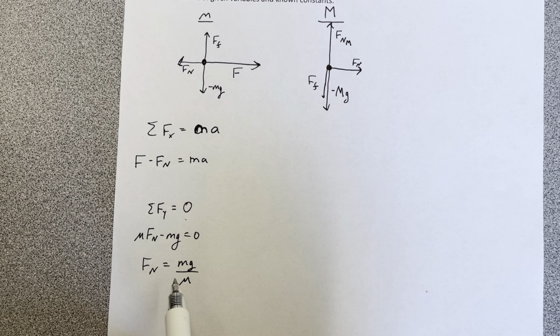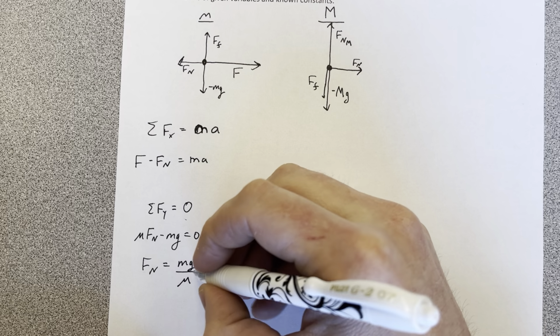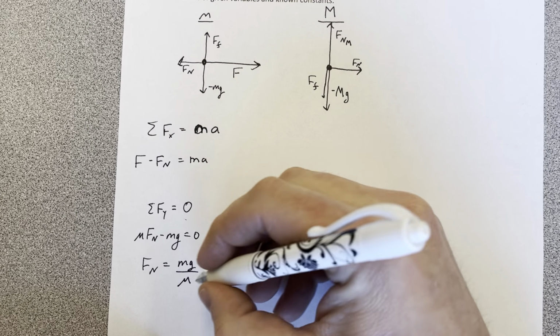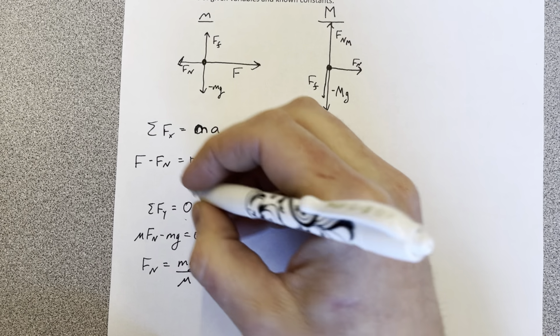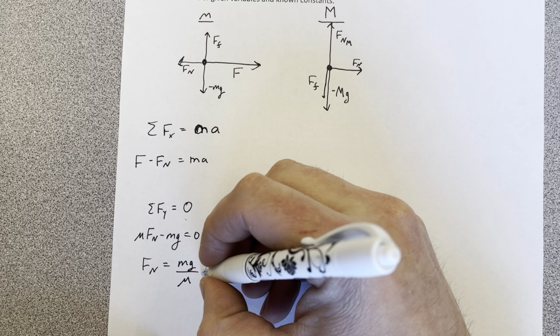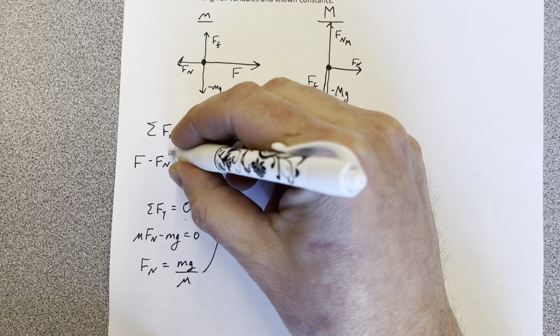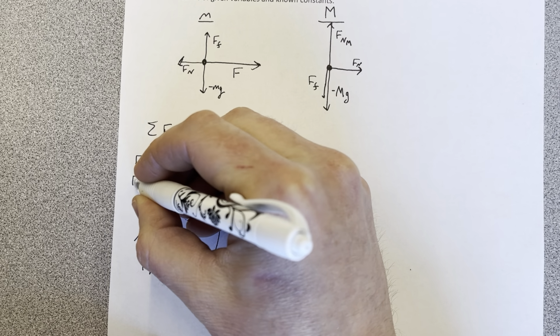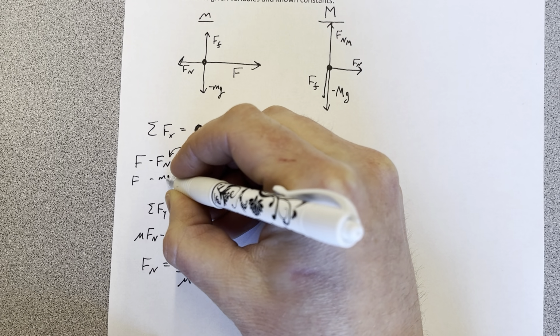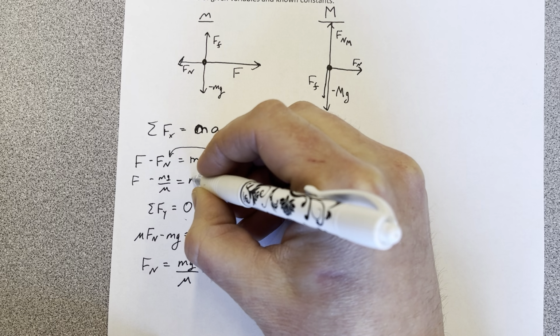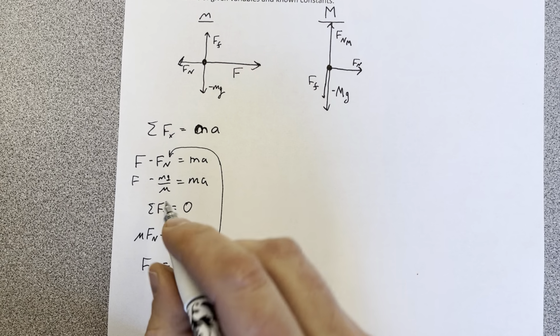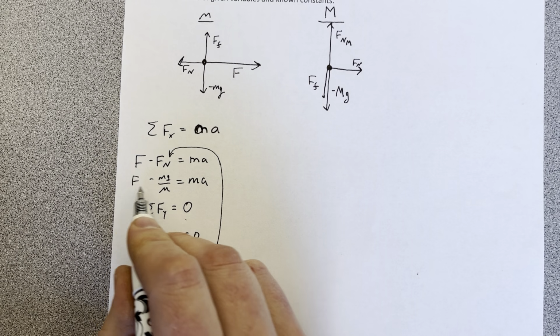So the normal force has got to be equal to mg over mu in order to prevent sliding. So that is going to go up here in a second. So I could just do it now, I guess. Put it in there. F minus mg over mu has to equal ma. All right, so now we're down to two unknowns.